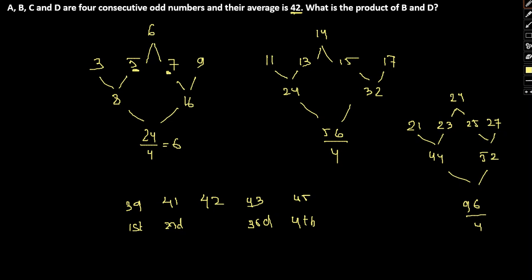Now this is A, this is B, this is C and this is D. We are looking to find the product of B and D. So basically all we need is 41 into 45. If you multiply the same, what we have is 1845.